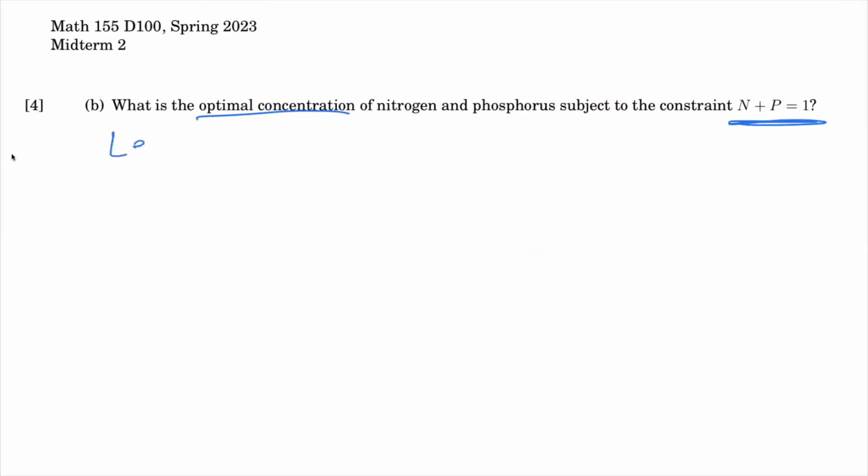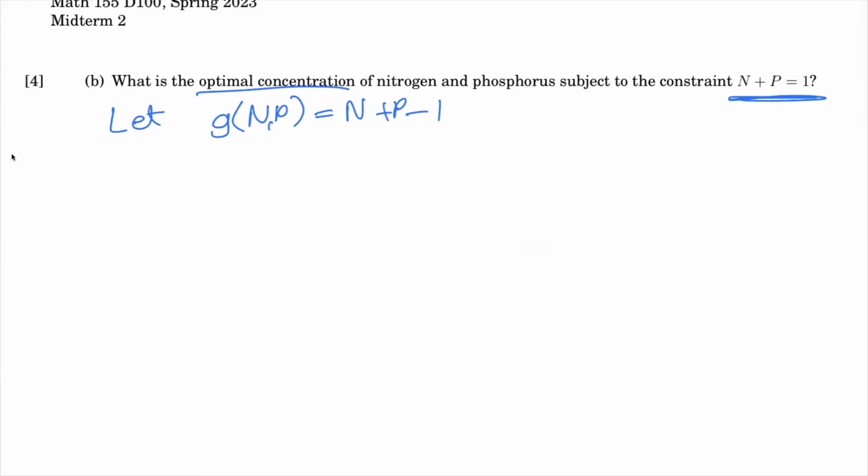What we should be doing is we first need to define our constraint. g of n, p is equal to n plus p minus 1. And subject to this constraint, the optimal concentration of n and p occurs when grad of our yield function is equal to the grad of g times lambda for some lambda.